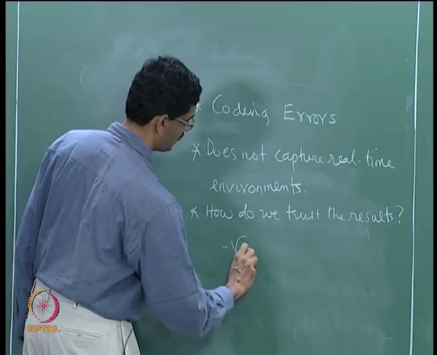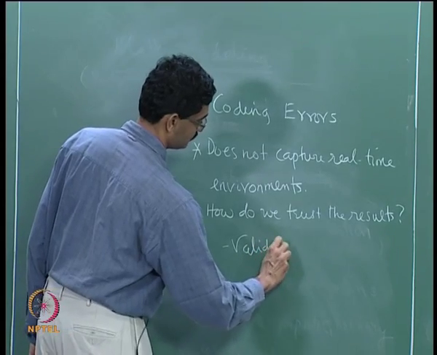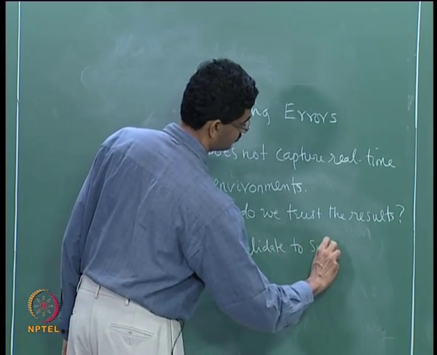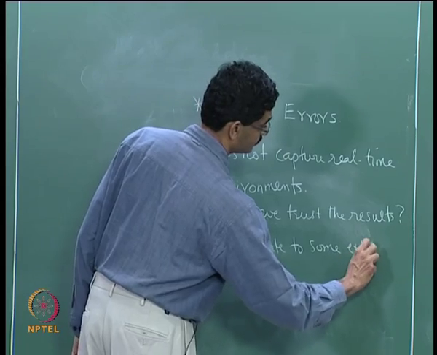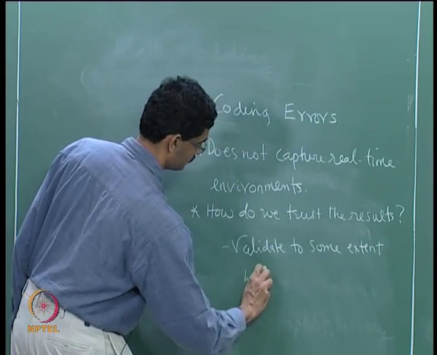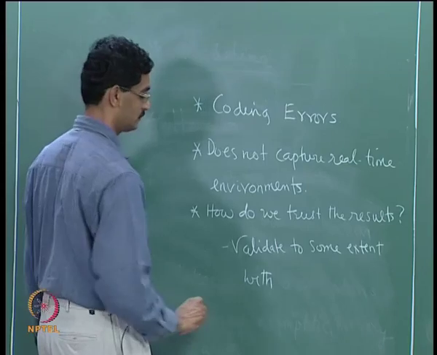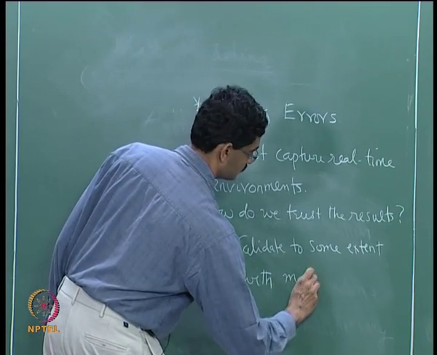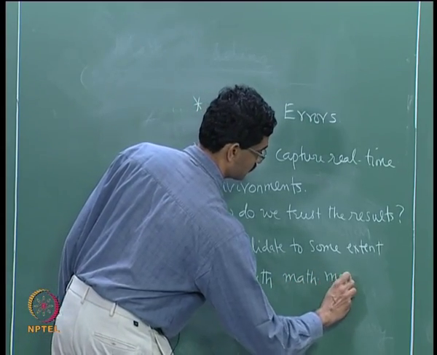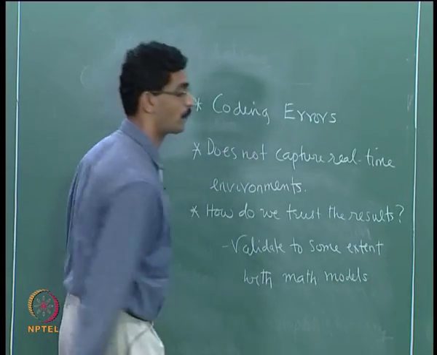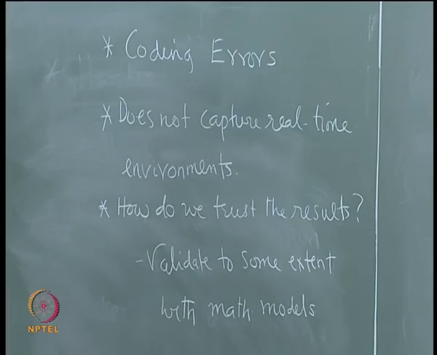So for that we should validate with, and this is again to some extent, so they serve a mutually beneficial purpose, that math models can be verified by simulation and vice versa.